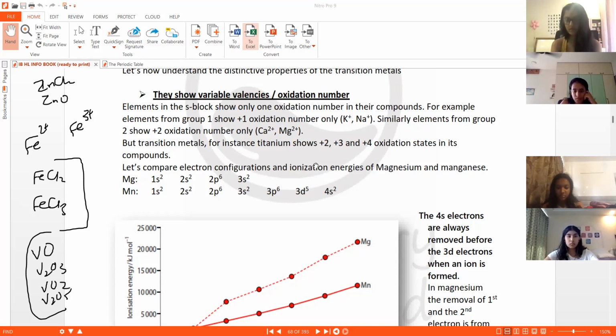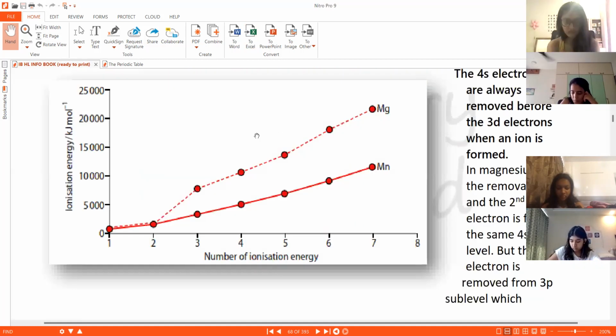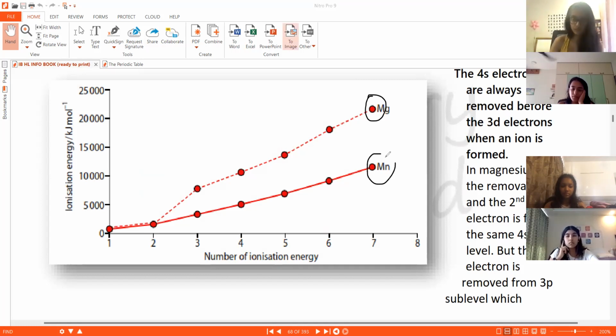So why do they show variable valency? This is a good example, the comparison of magnesium and manganese. Magnesium is a non-transition metal, and manganese is a transition metal.